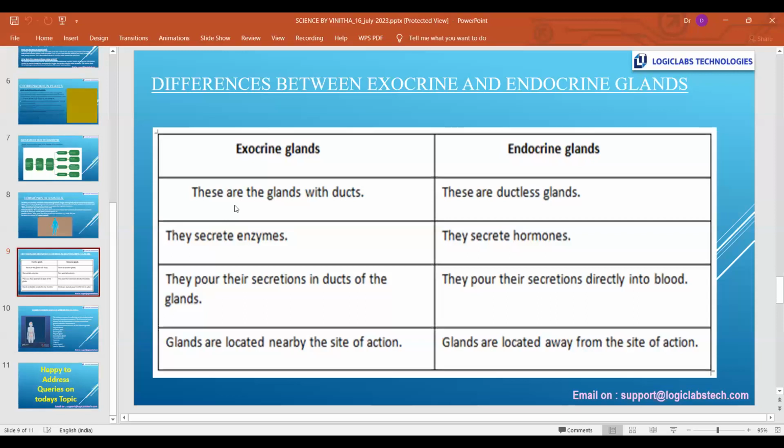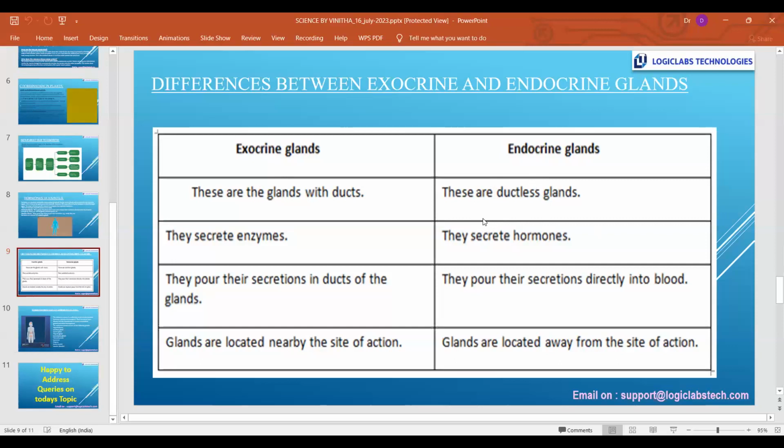So the hormones which are present in these glands are also helpful for growth and development of the body. If there is any deficiency of hormone in the childhood, okay, it leads to many problems. Because of these problems, both the exocrine as well as the endocrine glands may not function properly.